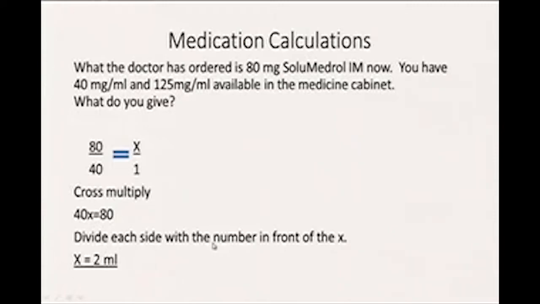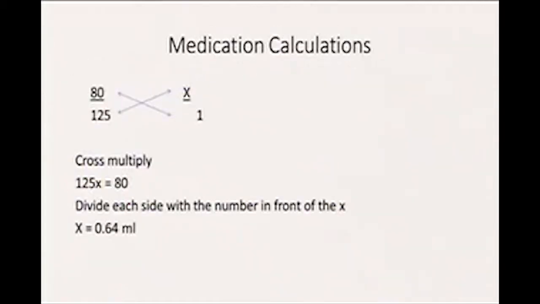Y'all okay with that? All right, so let's say we're going to use the 125 milligrams. So let's set that up. So what if we set up the 125 milligrams per milliliter? So what your doctor has ordered is 80. What you have on hand is 125.